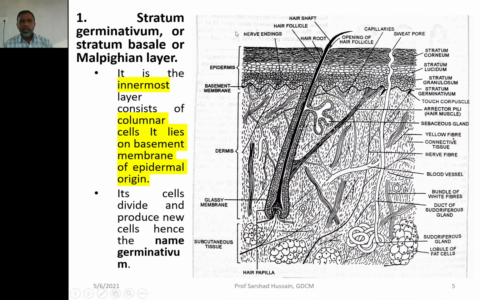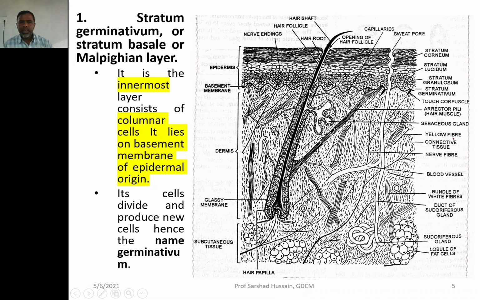Now let us discuss the first one, that is the stratum germinatum, also called stratum basale or Malpighian layer. So it is the innermost layer of the epidermis, and the cells present in it are column shaped.